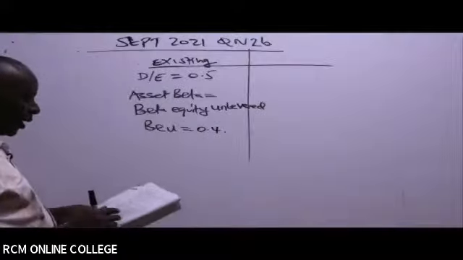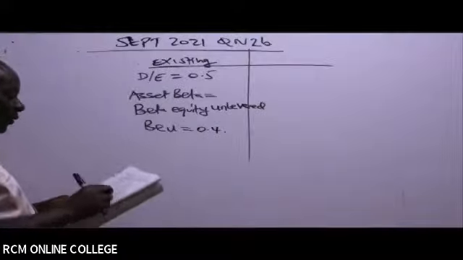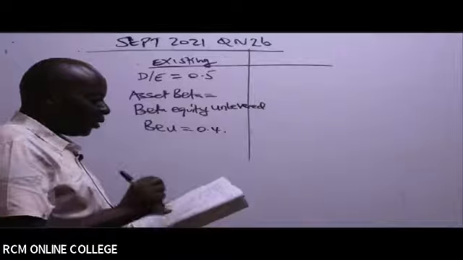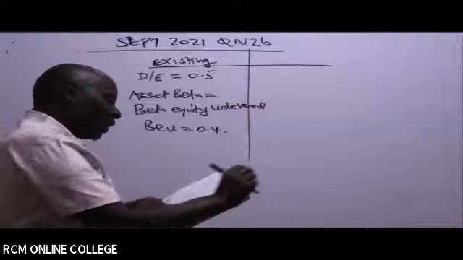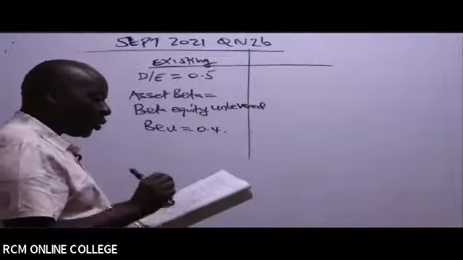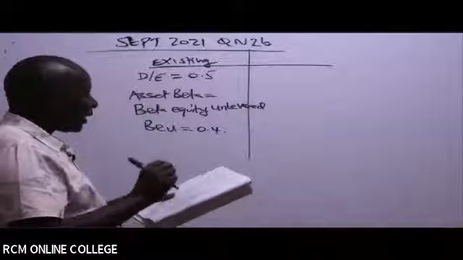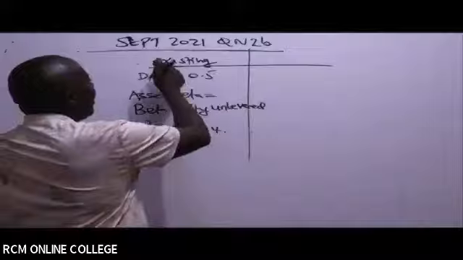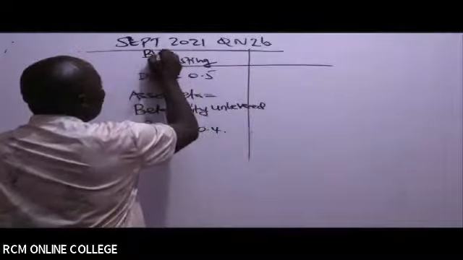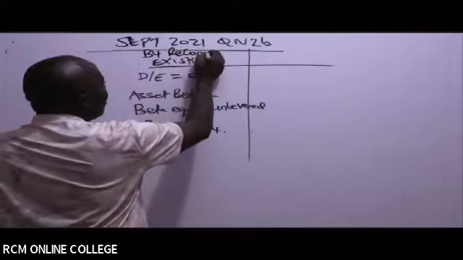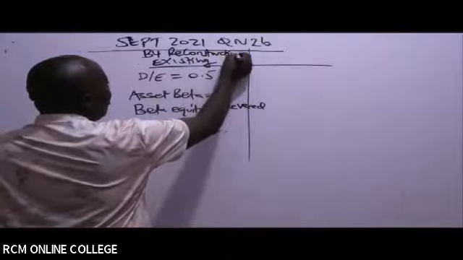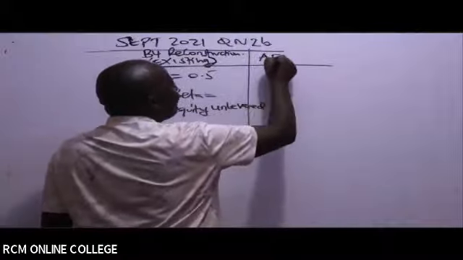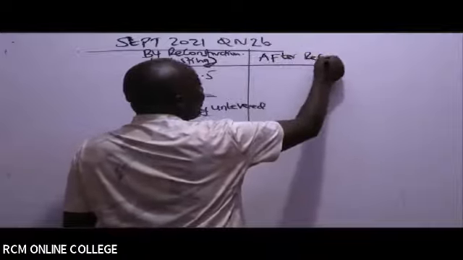Then we are told that the company decides to undergo a financial reconstruction during which it would repurchase its outstanding shares using borrowed debt. This will change its debt to equity ratio to 0.9. So this existing is what we are calling before reconstruction, and then we have after reconstruction.